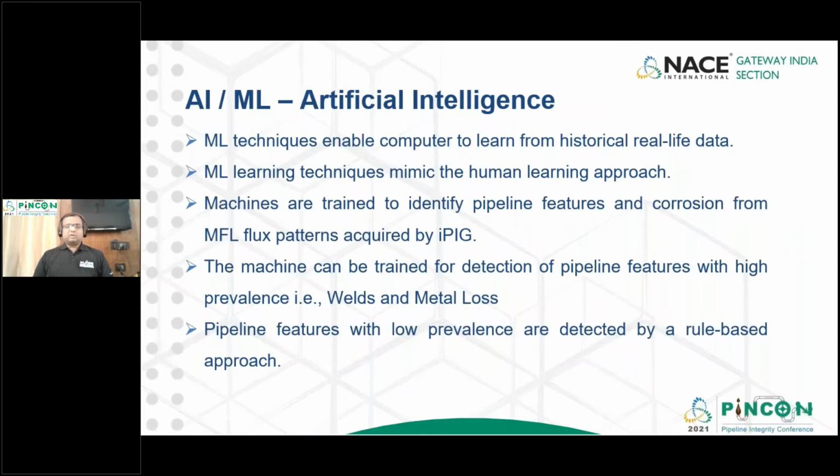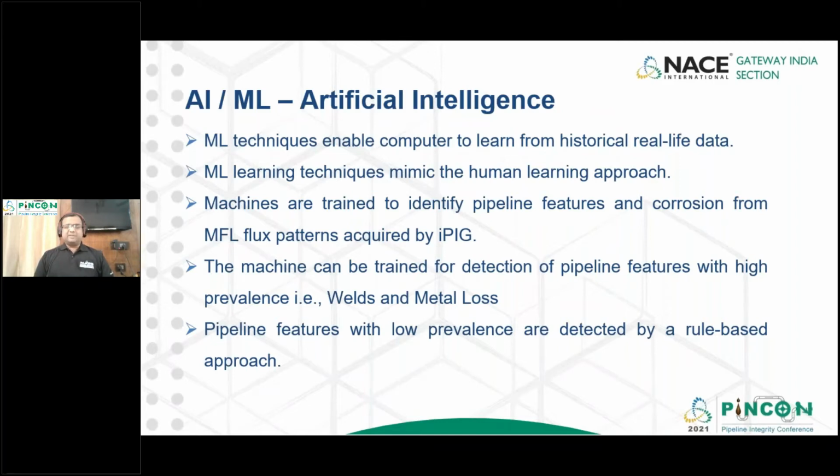When we talk about AI, artificial intelligence is a division of computer science in which computers are trained to work like the human brain. It makes it possible for computers to take decisions based on the data like a human brain does. So machines are trained to identify different features including corrosions.